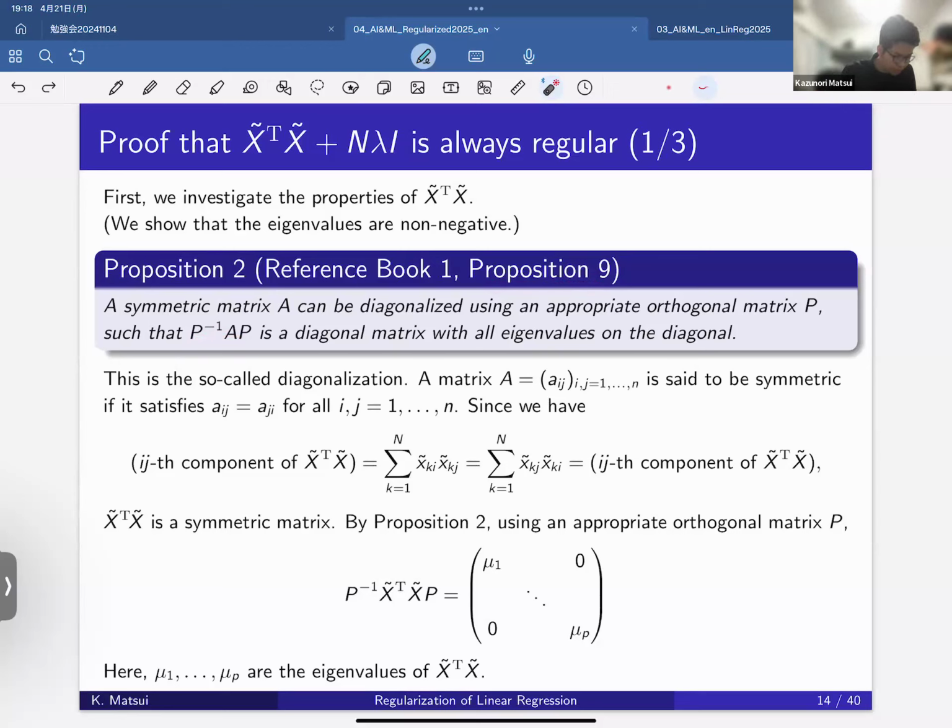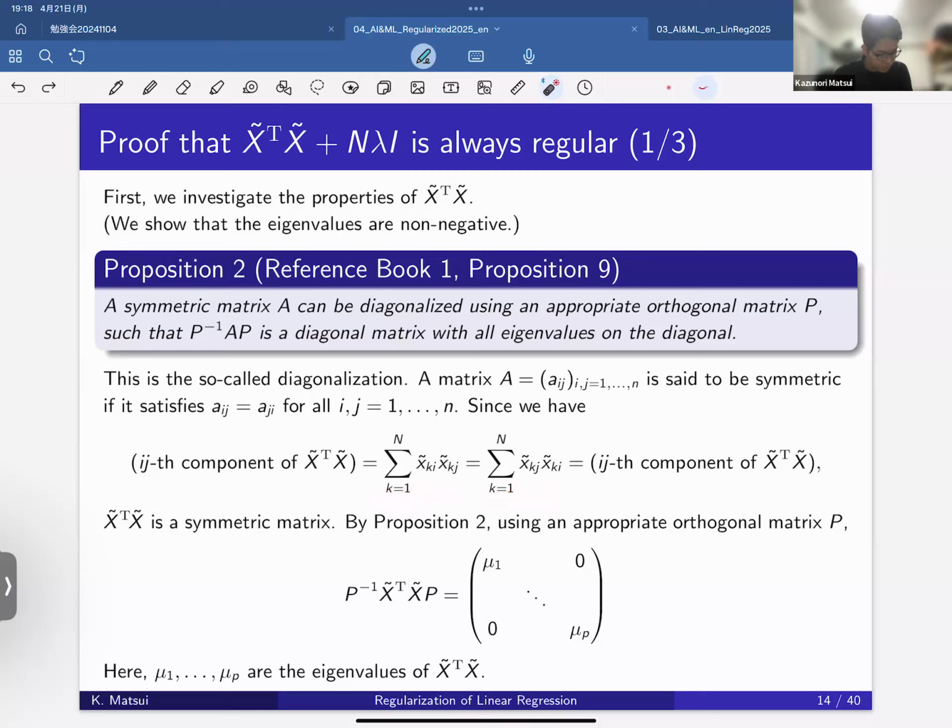A symmetric matrix means that the component in row i and column j is the same as the component in row j and column i. In other words, it remains the same when transposed. To check if x tilde transpose x tilde is a symmetric matrix, we can look at its ij component, and it becomes the ji component, so we know that it's a symmetric matrix.